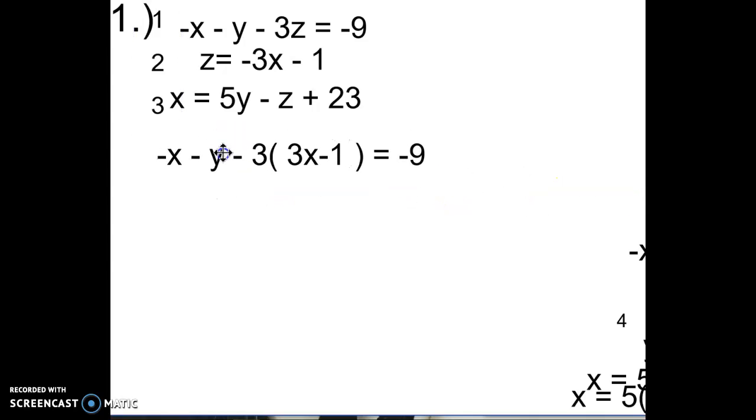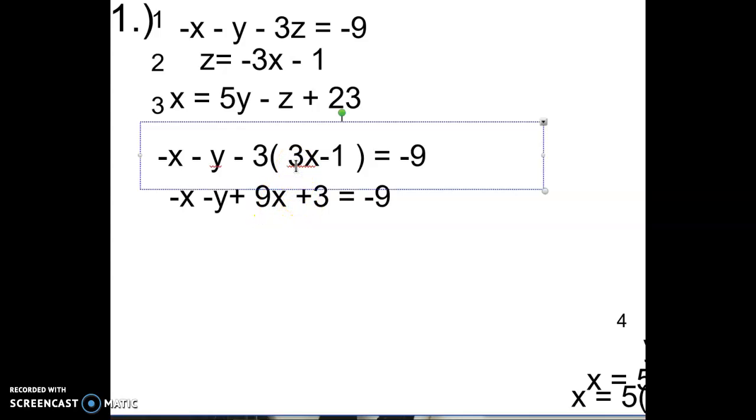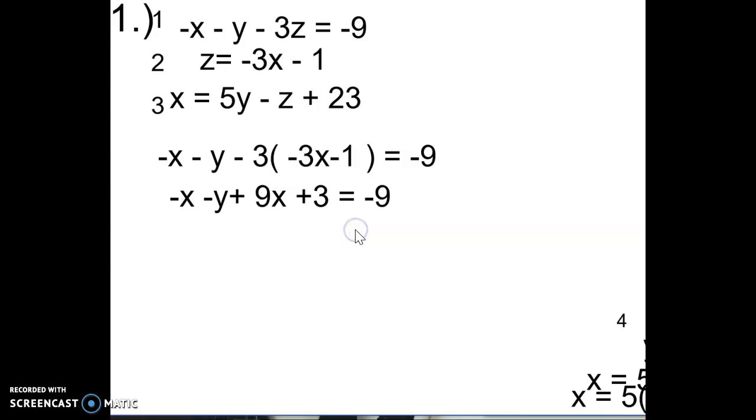At this point, I have used equations 1 and 2, and what I'm going to do is simplify those two equations. So first I distribute the negative 3, and I end up with a positive 9x plus 3 equal to negative 9, along with the negative x minus y in the front.